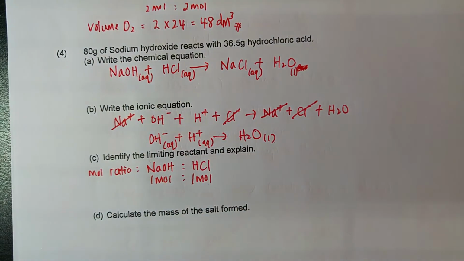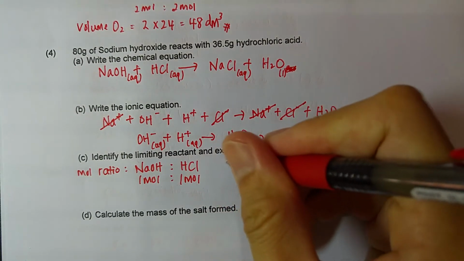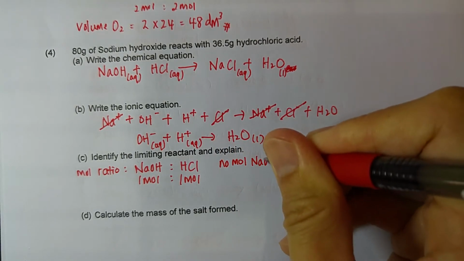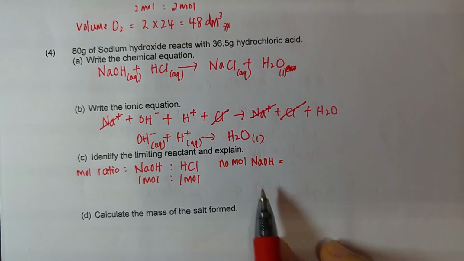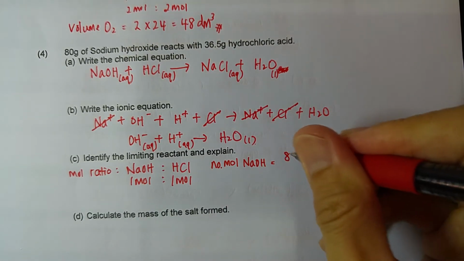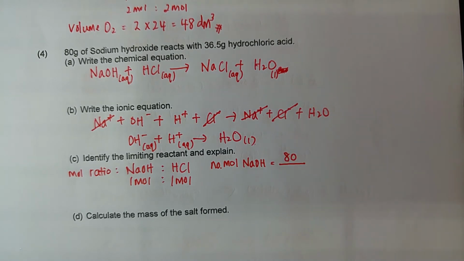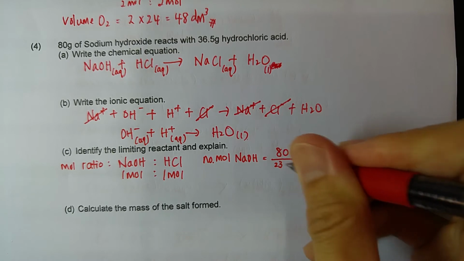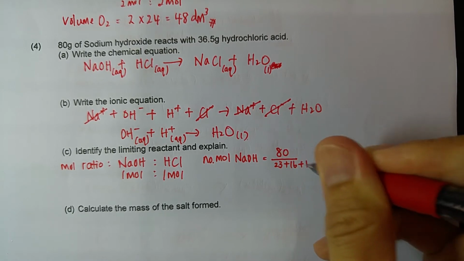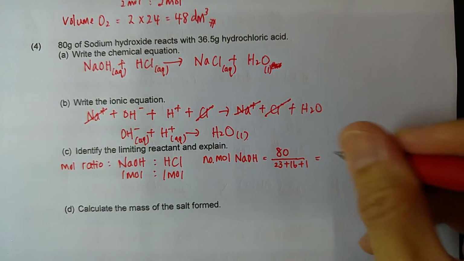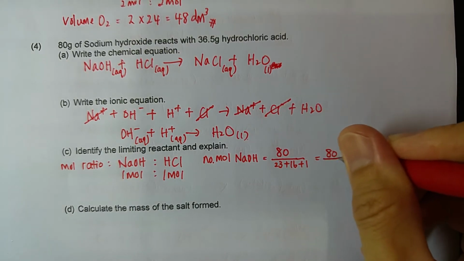80 gram of sodium hydroxide. So you have to find out 80 gram of sodium hydroxide, what would be the mole? The number of mole of NaOH is mass, which is 80 gram, divided by the Mr of NaOH. Na is 23, O is 16, H is 1.